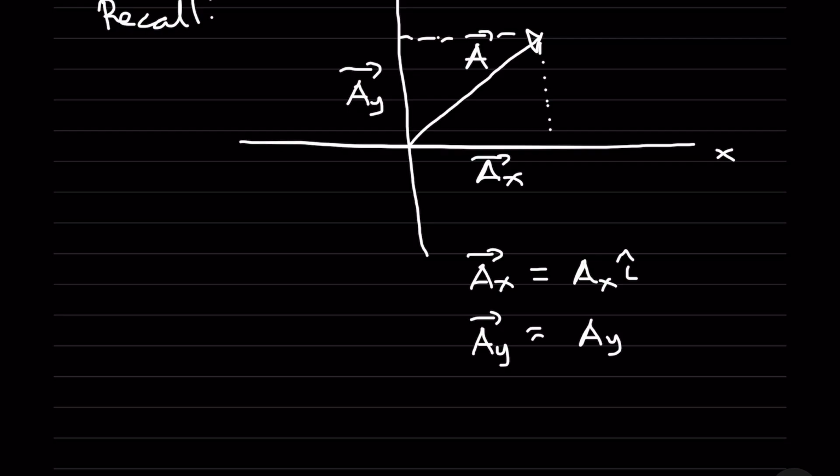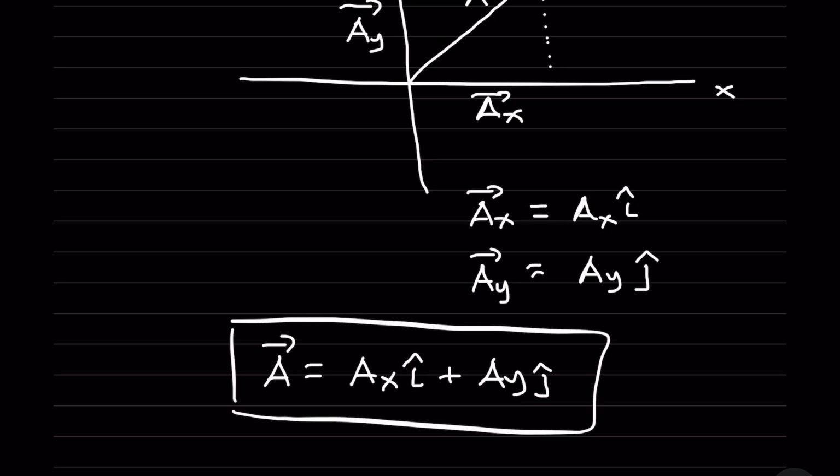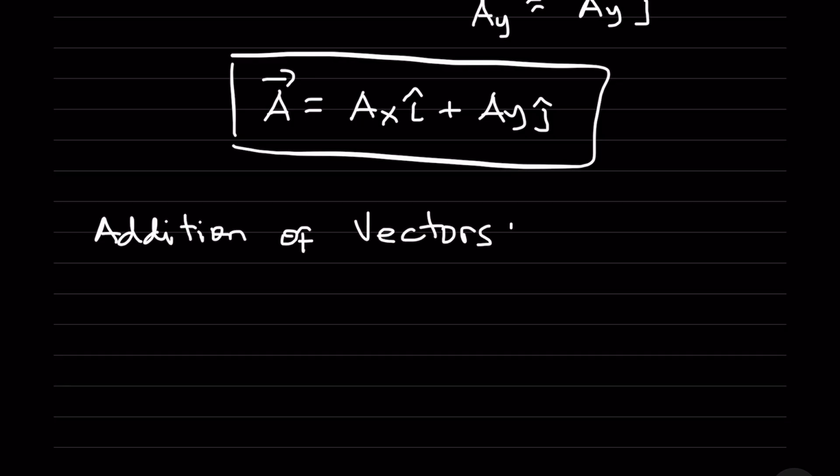The direction is to the positive x-axis. So we write i hat. For y component, it's Ay j hat. So vector A can be written in component form as Ax i hat plus Ay j hat.